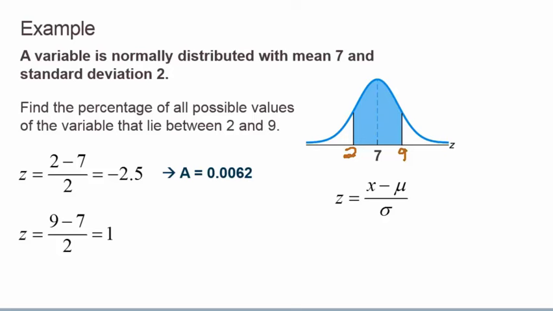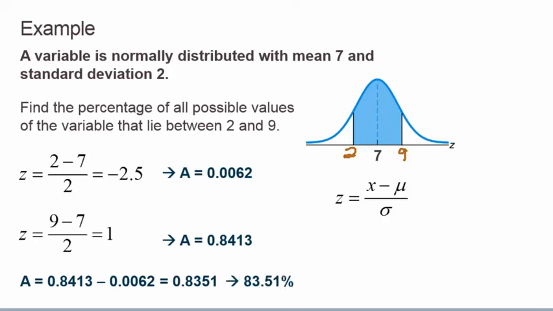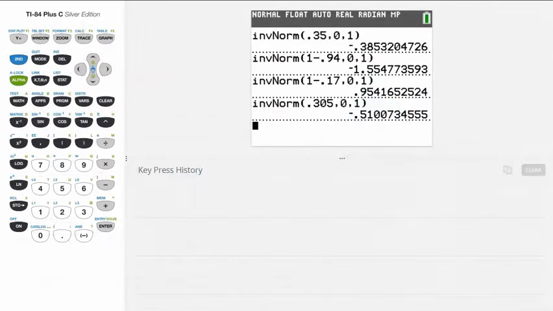I can go to my standard normal distribution table and find that the area that corresponds to a z-score of 1.00 is 0.8413. Now I need to subtract my two areas, and that will give me 0.8351, which gives us a percentage of 83.51%. I could have also used my calculator.